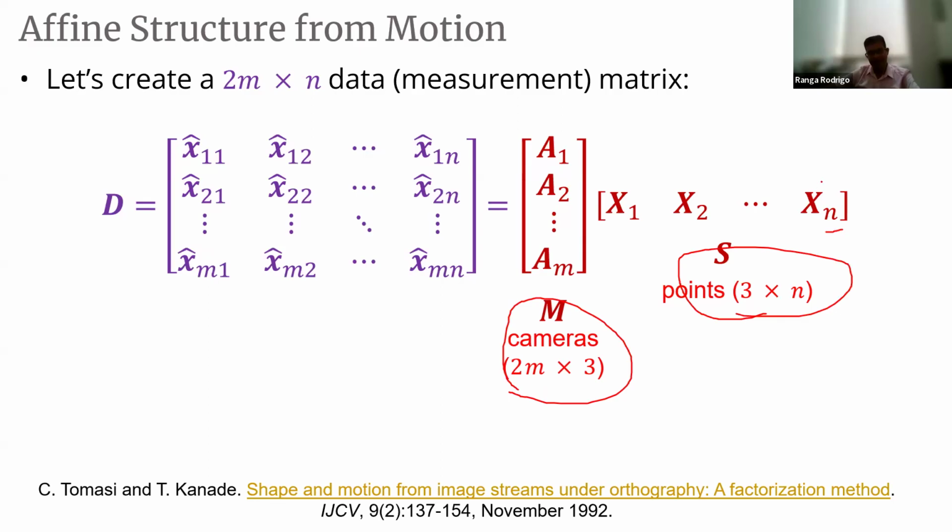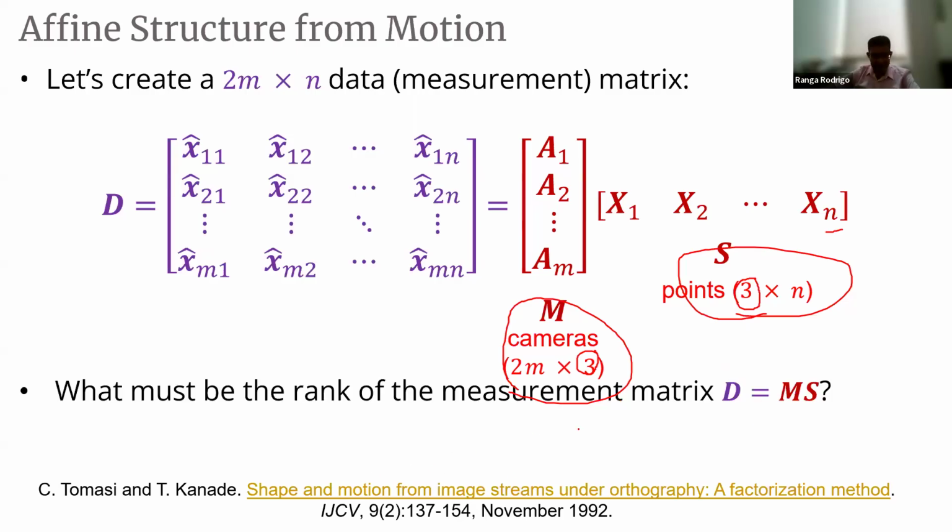There are n points, and each point has 3 coordinates, right? So this has 3 as the number of columns, this has 3 as the number of rows. So it is essentially the multiplication between a 2m by 3 matrix and a 3 by n matrix. It's a rank 3 process.